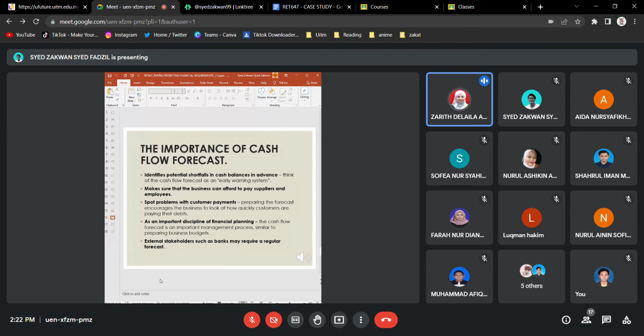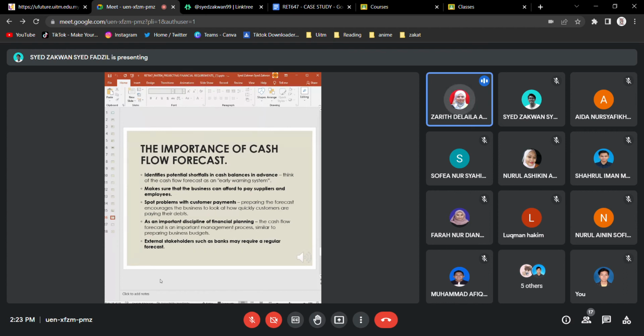Jadinya sebab tu all the stakeholders selalunya memang akan minta all this forecasting because they want to see whether we are capable to pay back all the loan ataupun we are capable to generate profit for the business. Kalau investor, of course dia nak tengok kita punya cash flow ni sama ada kita can make a profit so that they can easily invest in the business.